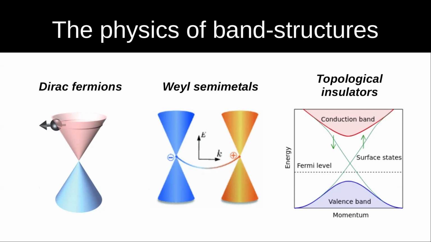We can also use band structure theory to understand different types of topological matter, including, let's say, Weyl semimetals that are generalizations of Dirac fermions to higher dimensions, and of course to understand topological insulators, in particular quantum spin Hall insulators, Chern insulators, crystalline topological phases, topological superconductors, and so forth. And this is something that we will use many, many times in the next few sessions. So all the mathematical tricks that we will develop for electrons can be systematically used for many other quasi-particles.